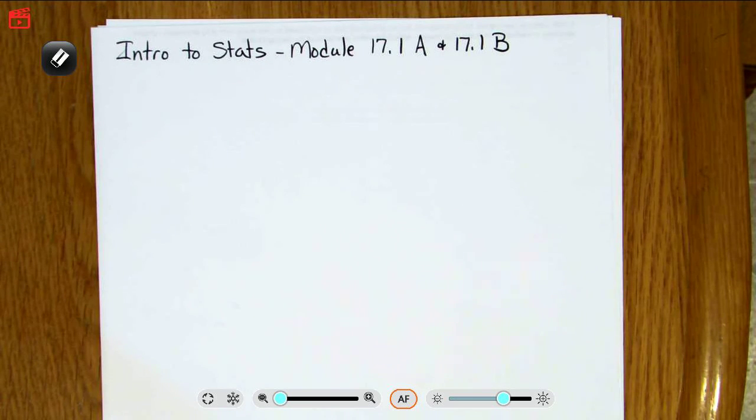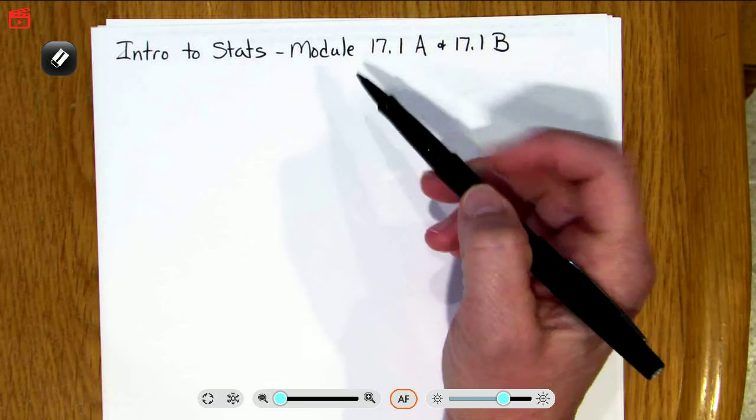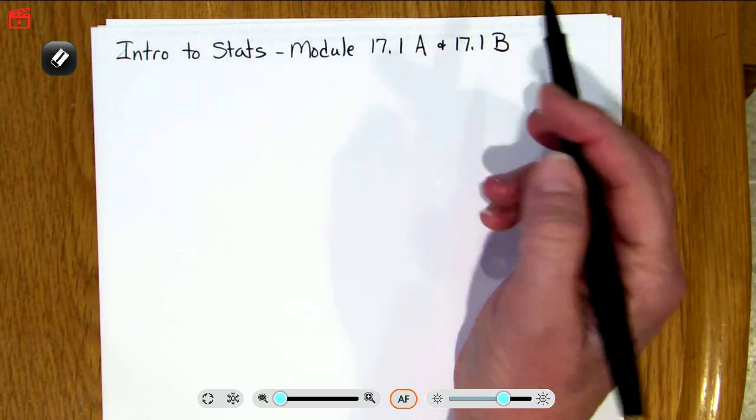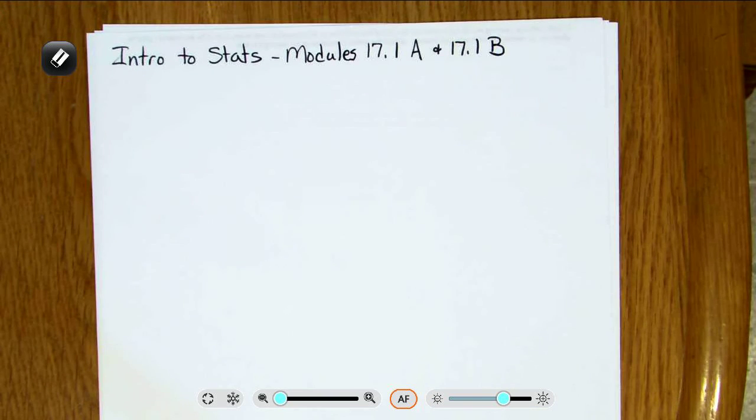Hello. Today we are going to be talking about our new topic, which starts in modules 17A and 17B. And I'm going to be kind of talking about those two modules together. They will introduce what we talk about in this next unit and a really big part of statistics.